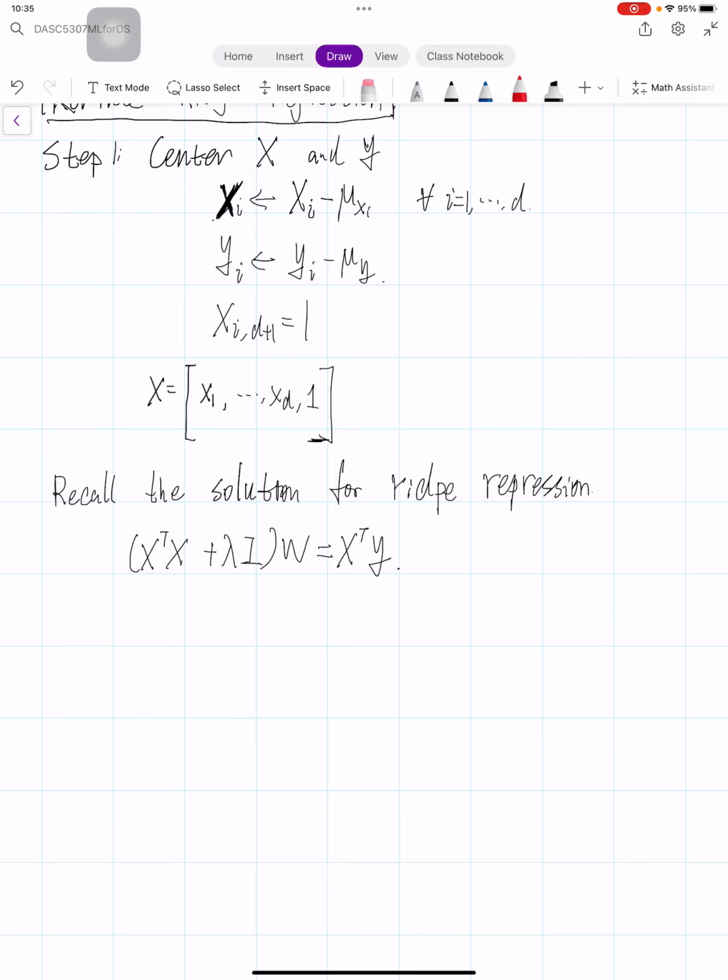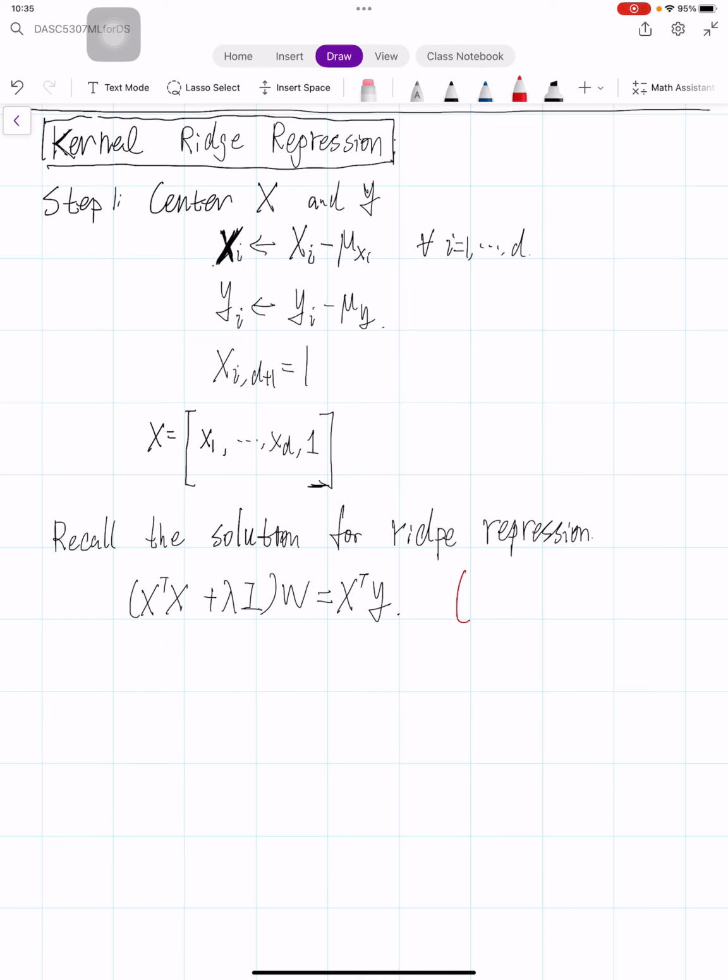The question now is, if our design matrix is transformed, suppose this is phi x, we have large dimensions.